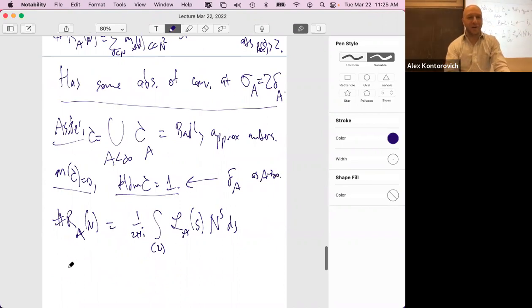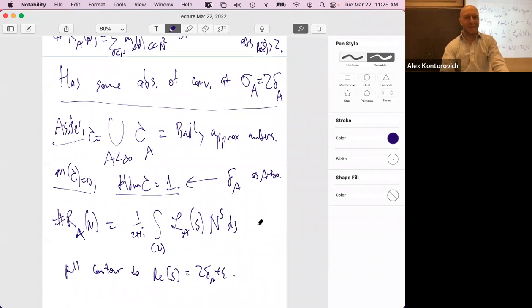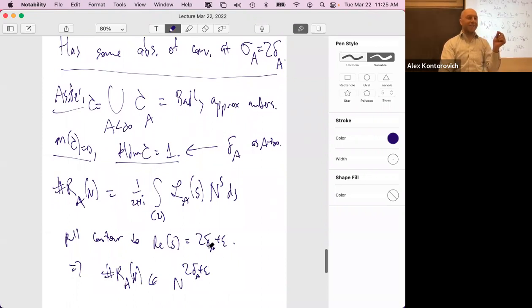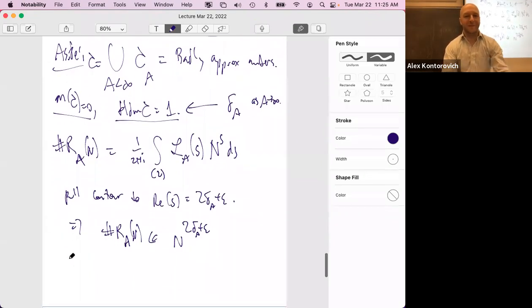So if you can pull the contour without passing any poles to real part of s equal to 2 delta plus epsilon, that tells you that the number of points is bounded above, not just by n squared, but by n to the 2 delta plus epsilon. Wait, why would you get that?